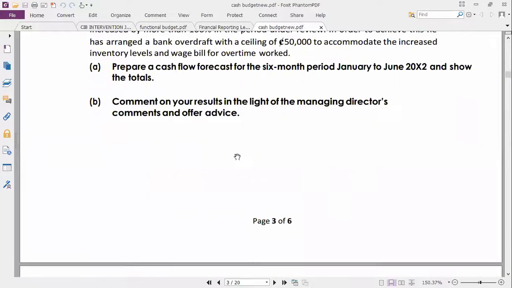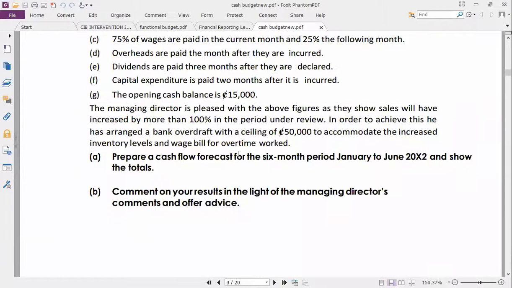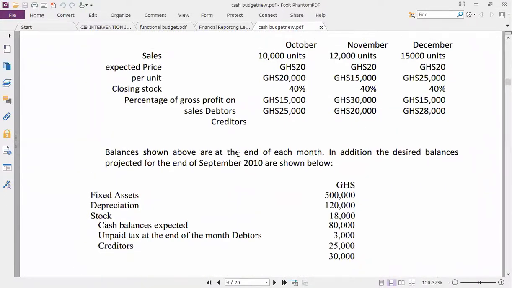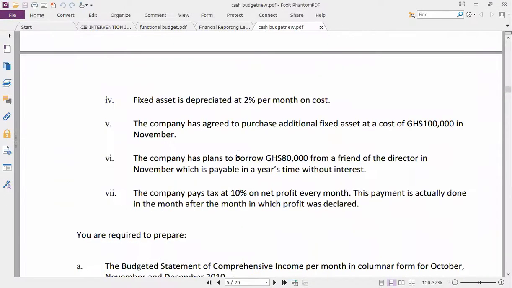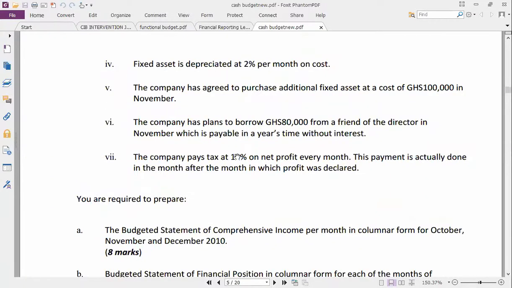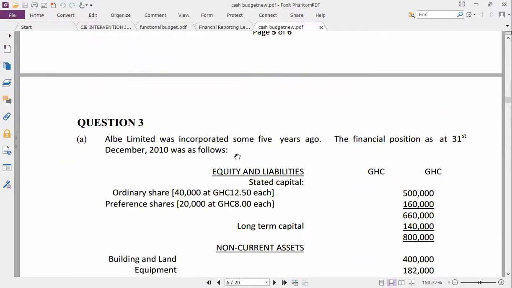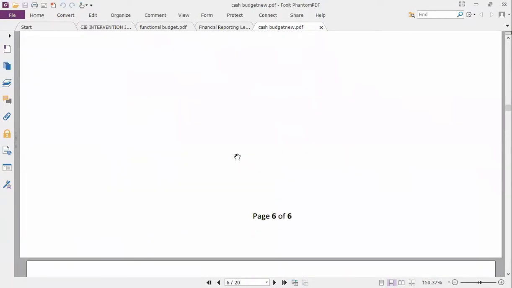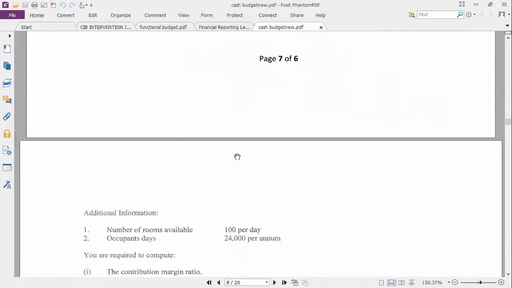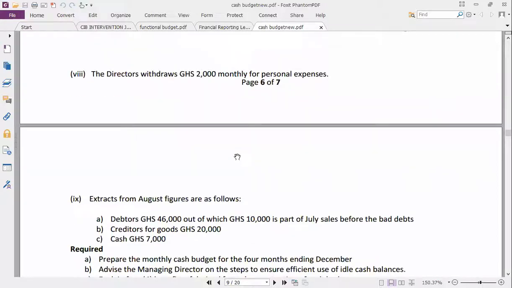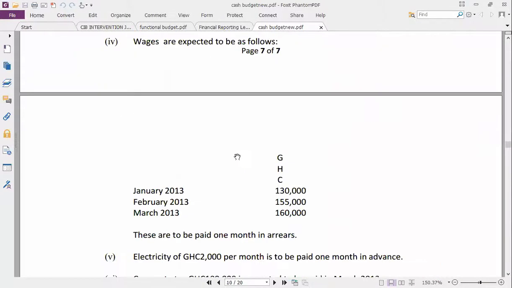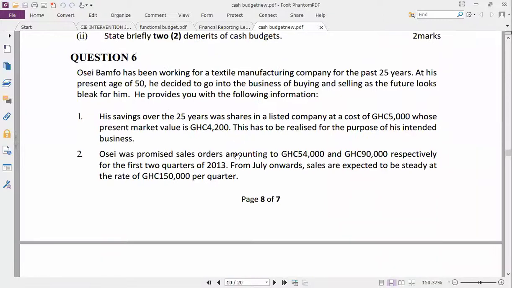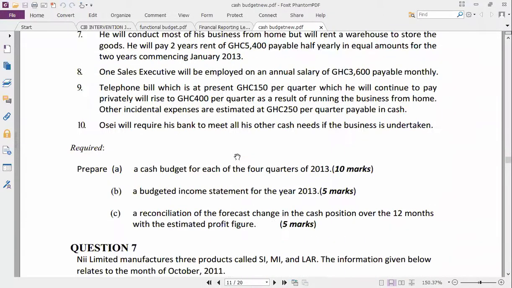So for functional budgets, I'll give only one trial. You're going to do a question called Simila. So let's go. That's question 6 or 7.